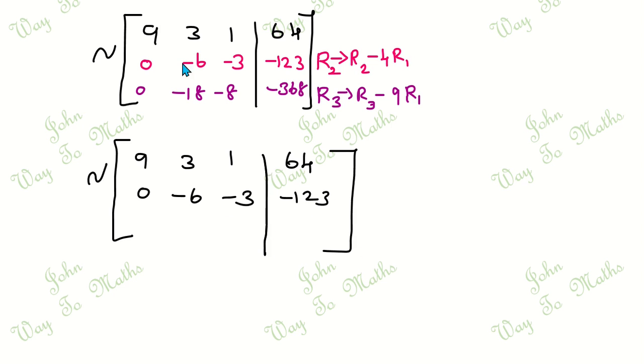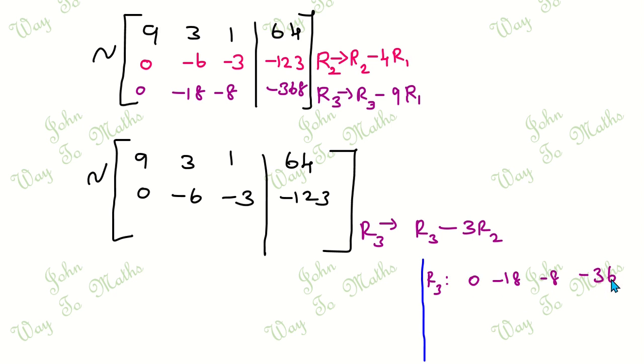So third row becomes R3, minus of 3 times of row 2, and row 3 entries as they are: 0 minus 18 minus 8 minus 368.